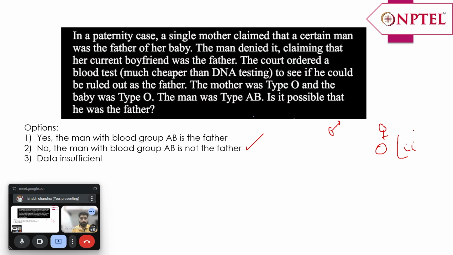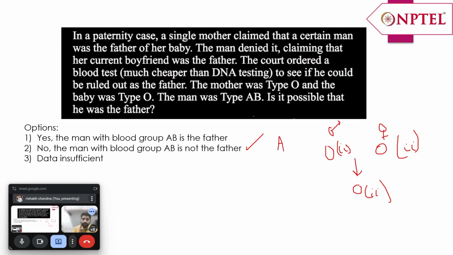From these two, they have a baby, and the blood type is also O, that is small i, small i, because the O blood type is a recessive character. For a recessive character to be expressed, the male would also need to carry small i, small i.